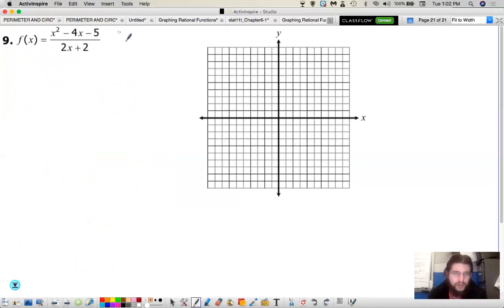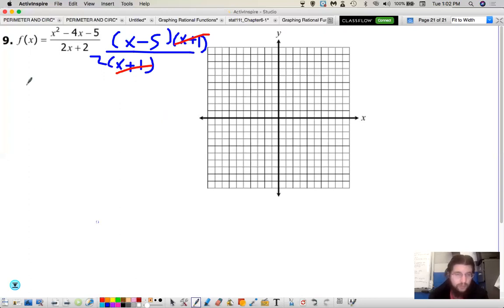This one's going to be x minus 5, x plus 1. Oh, hey, that's nice. This one won't take long to draw at all. It's going to be 2, x plus 1. We've got a hole at -1. So this simplifies to, I'm actually going to write it out as a half x minus 5 halves.